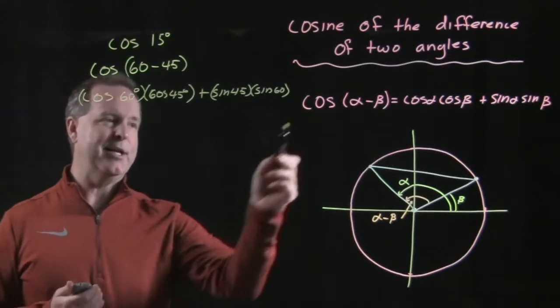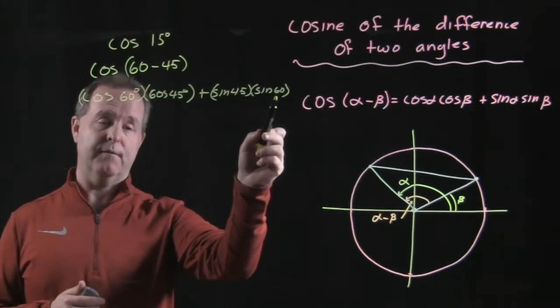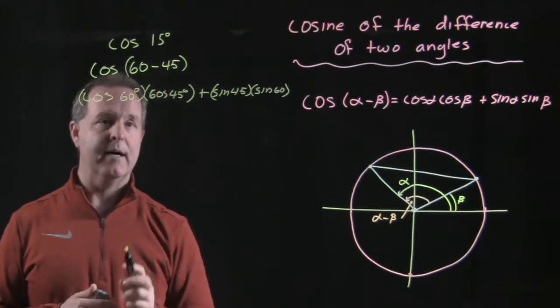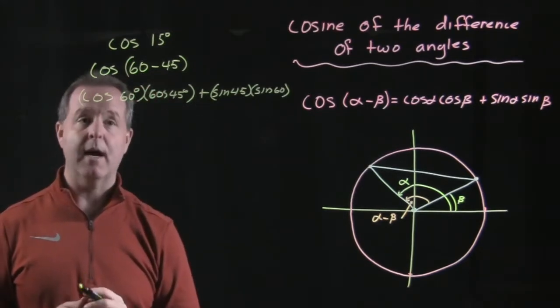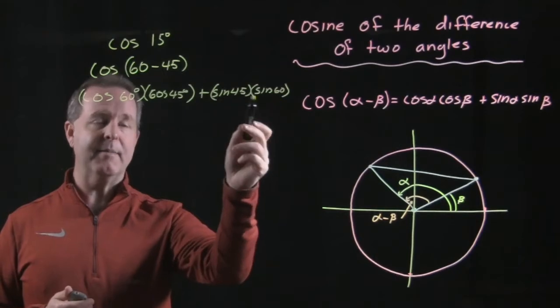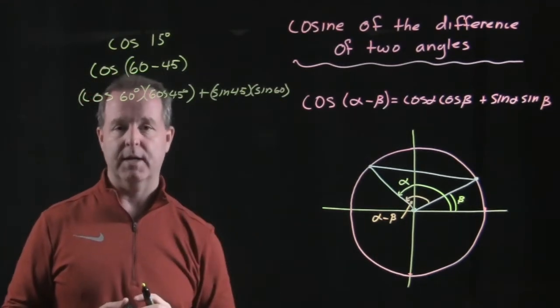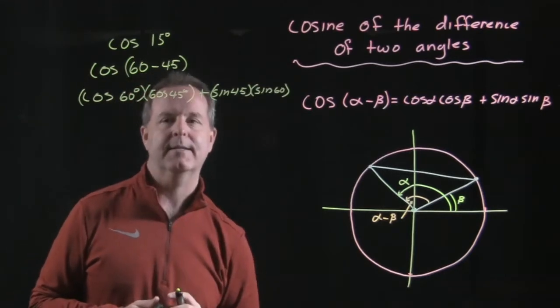To be consistent, I should have written it with the 60 first and the 45 second, so it would have been consistent with the model that we have. I could rewrite it, but I'm not going to take the time because we understand that my mistake, fortunately, is a bank error in our favor. It doesn't matter in which direction I wrote that. I'll try to be better next time.